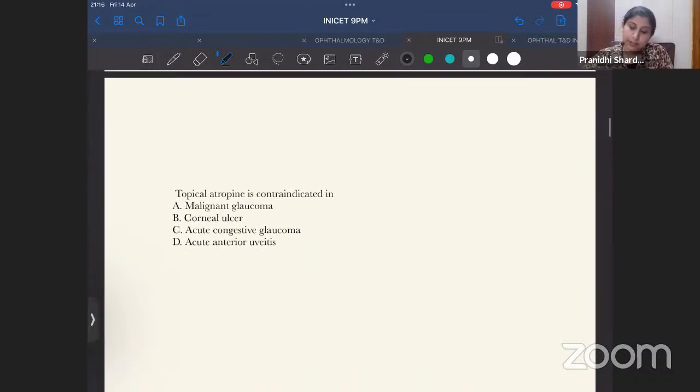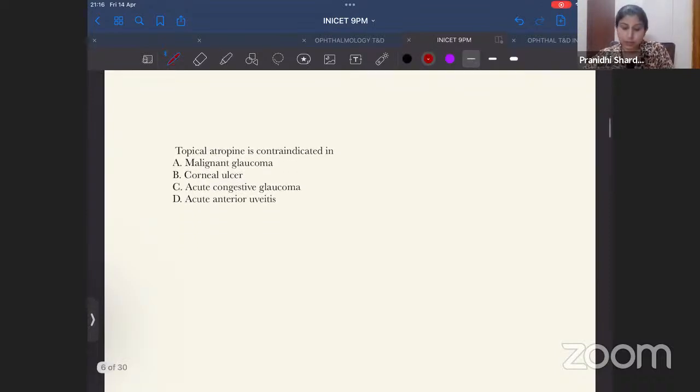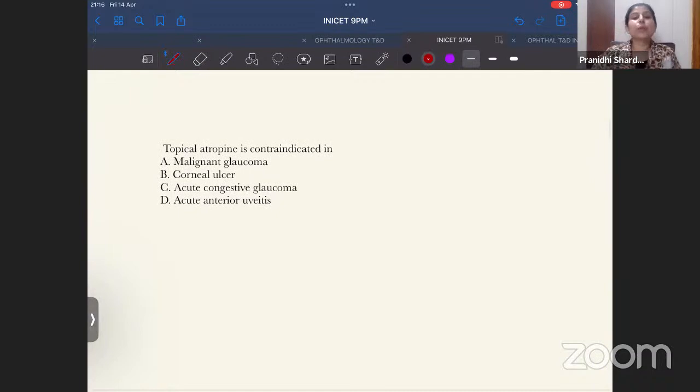Next question is, topical atropine is contraindicated in. So topical atropine, we know that atropine is a type of mydriatic cycloplegic drug. It is contraindicated in malignant glaucoma, corneal ulcer, acute congestive glaucoma, acute anterior uveitis.